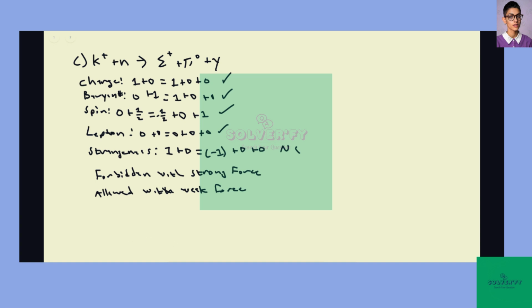Okay, so now moving on to D. For D, we're given a positive kaon decays into a neutral pion plus a positive pion. All right, so let's look at charge.